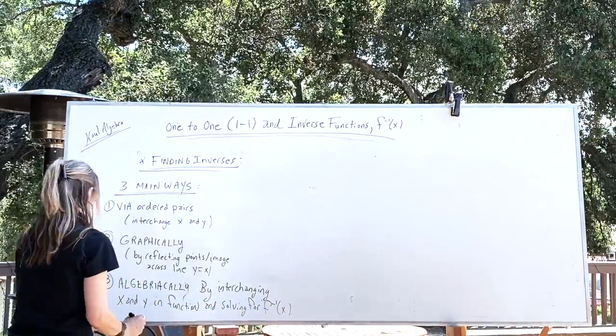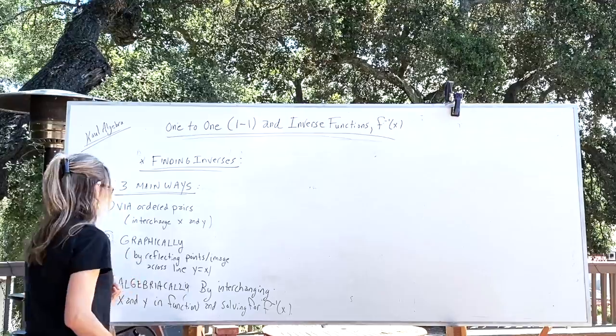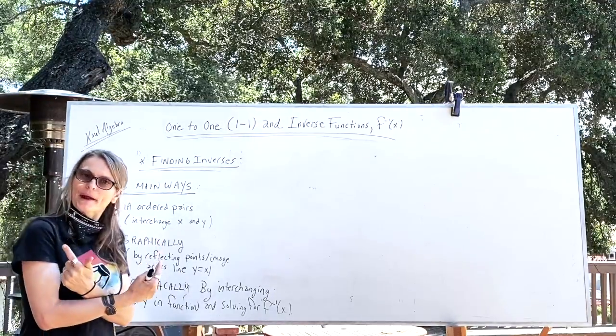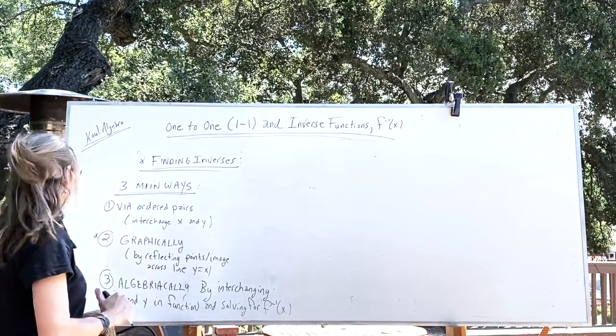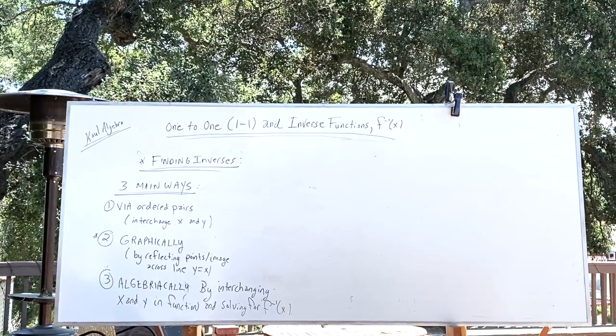So I'm going to elaborate on some details on this one. We're going to put some steps together there. But again, the idea is we're going to swap our x and y values in our actual function and then solve for a new y. So let's go ahead and start with our first few examples.